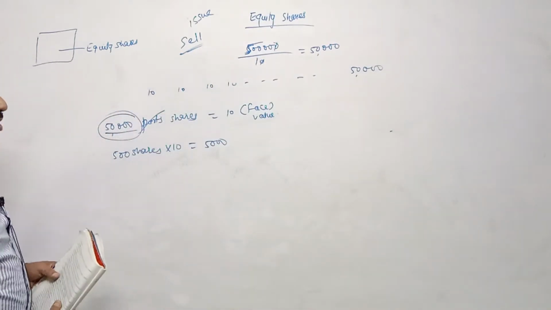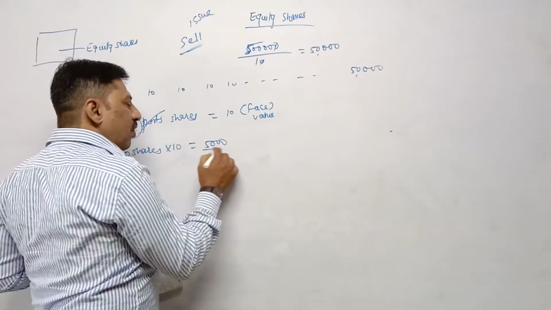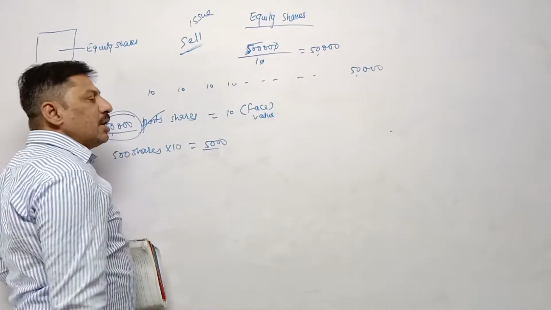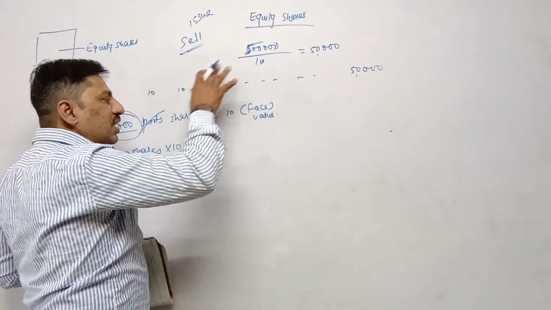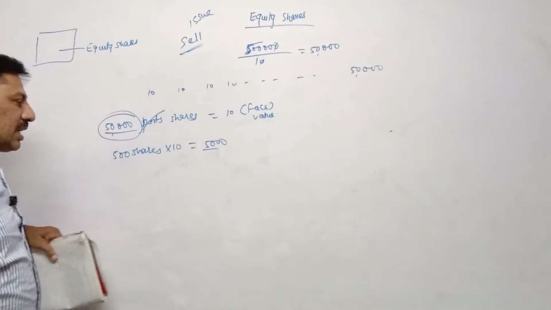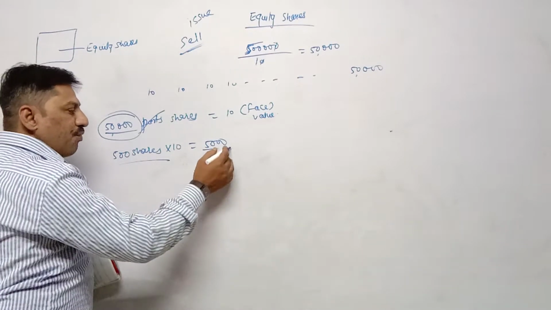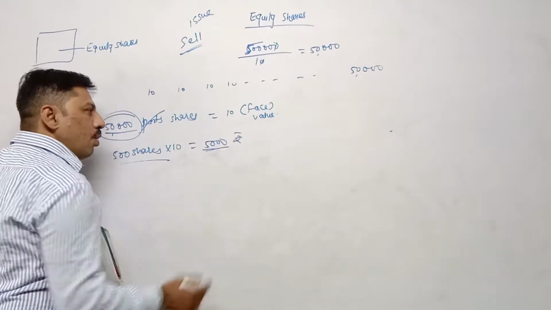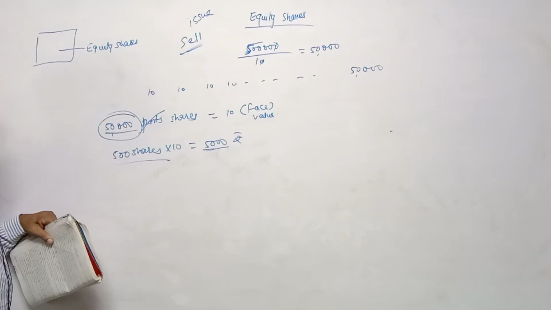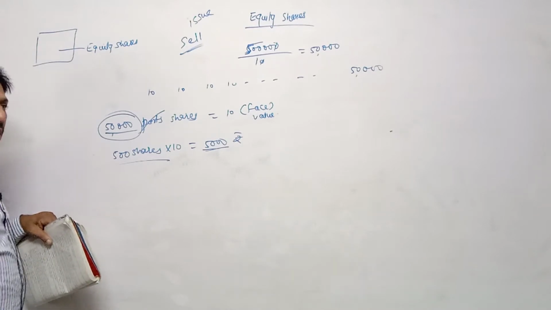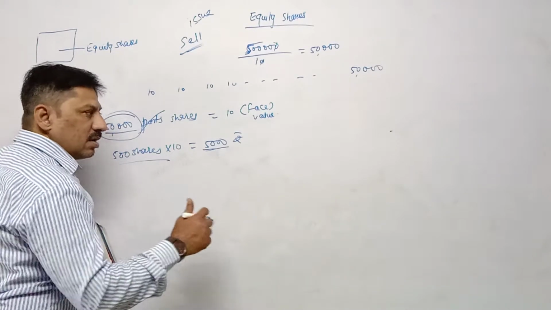This is called a share. Now every investor wants to invest money into the company in the form of shares. For example, I purchased 500 shares. It means I invested 5,000 rupees. Now why are we investing money into the company in the form of shares? For some return.